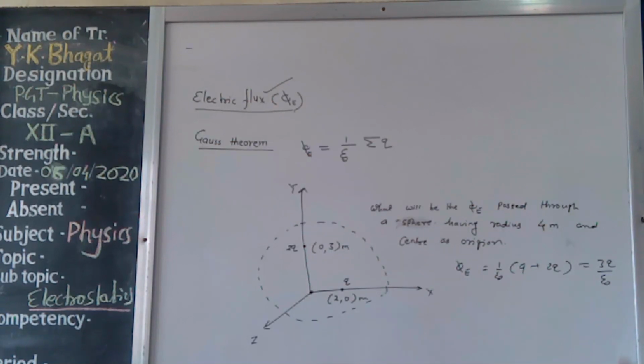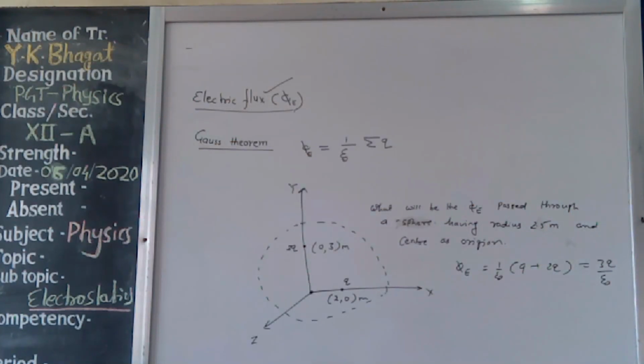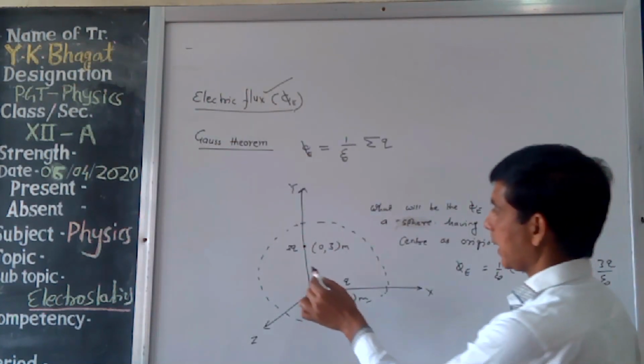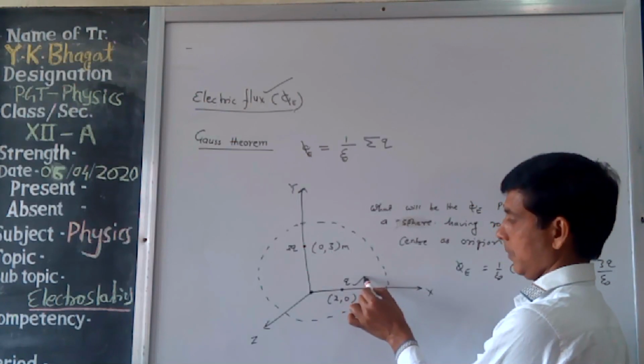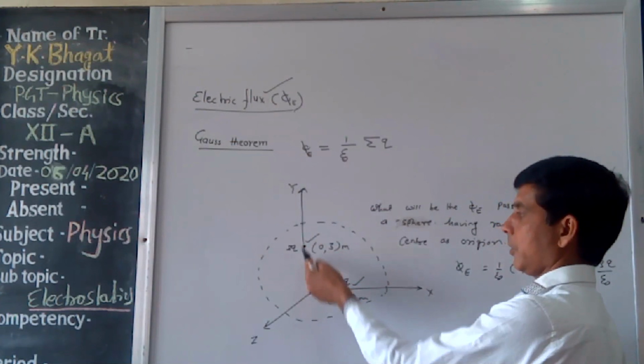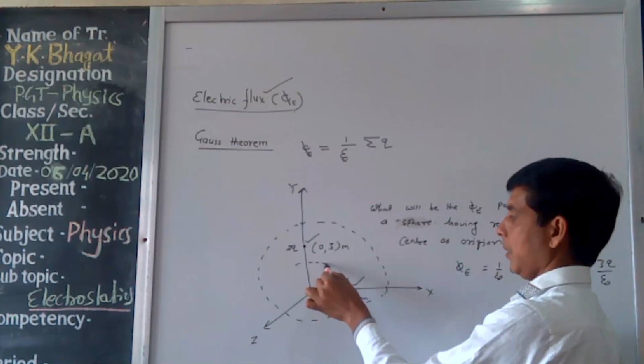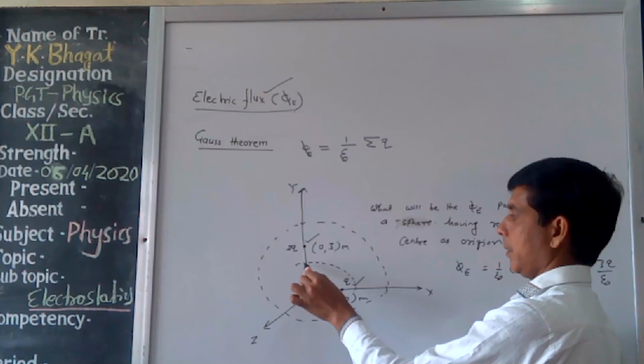But suppose our question is that the radius is 2.5 meter. 2.5 meter means containing this charge, but not containing this one, because its distance is 3 meter, while this one's distance is 2 meter. Then the sphere will be of such type.